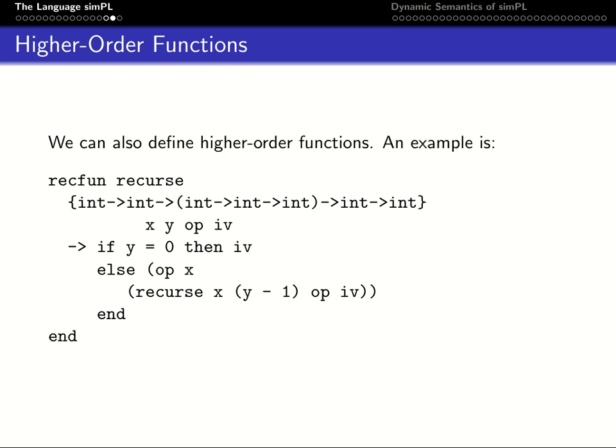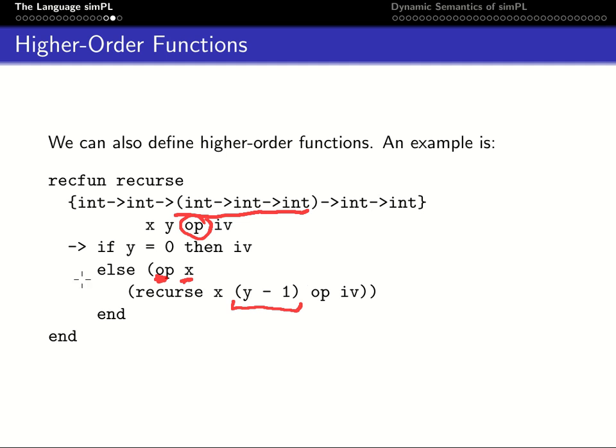It's a higher order function, right? The important thing here is that it takes an operator, which is this guy, and then it performs the operation between this and the recursive application where we have decremented the argument by 1, right? So for instance, if this operator would be multiplication, something of this type, you could compute the factorial.